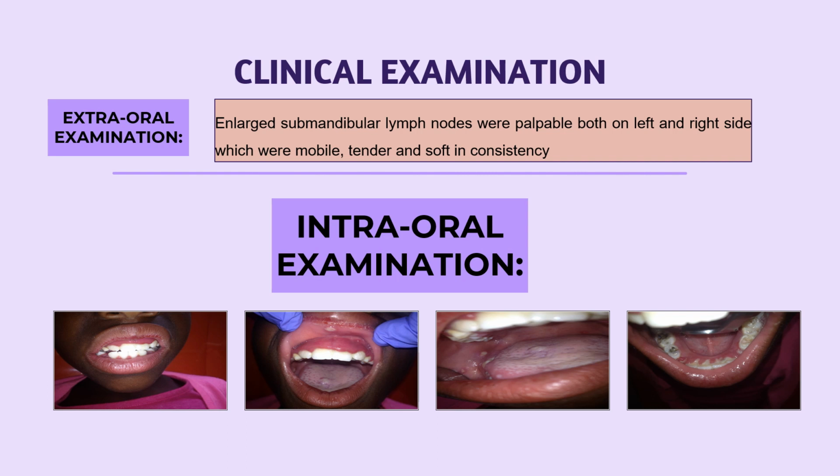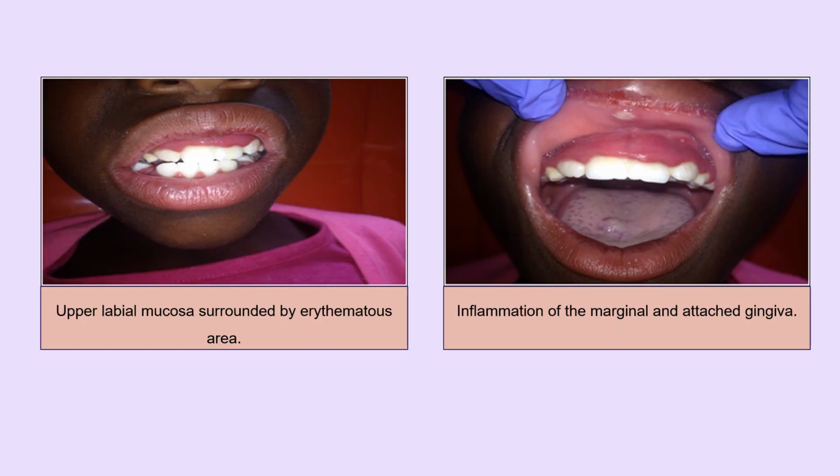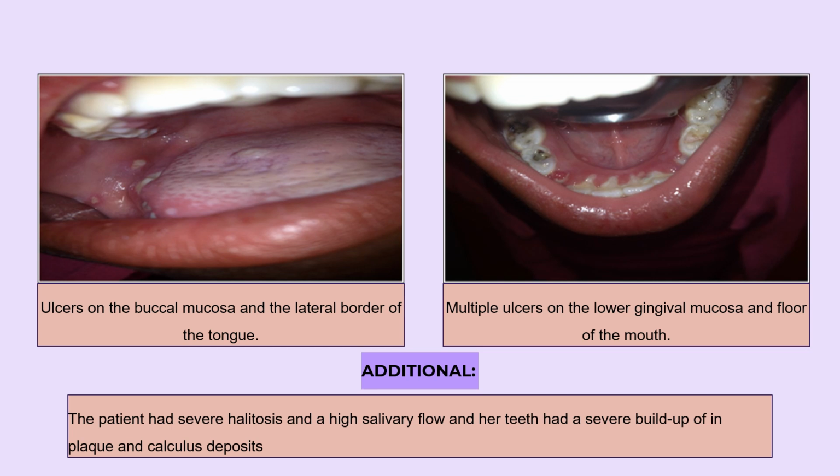For intraoral examination, the patient shows upper labial mucosa surrounded by an erythematous area, inflammation of marginal and attached gingiva, ulcers on the buccal mucosa and lateral border of the tongue, and multiple ulcers on the lower gingival mucosa and floor of the mouth. The patient also shows severe halitosis, high salivary flow rate, and severe plaque and calculus build-up deposited on her teeth.